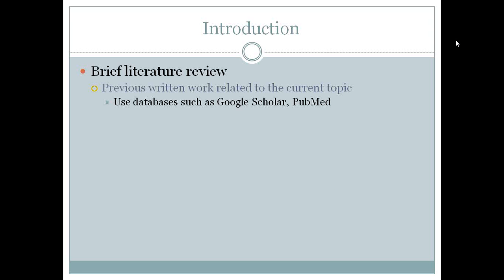So the introduction section is what it sounds like. You're going to start out with a brief literature review, which basically means you're going to talk about what the existing literature says about your topic. If you're doing carpal tunnel syndrome, what other research or information is out there about how massage therapy might help carpal tunnel syndrome.